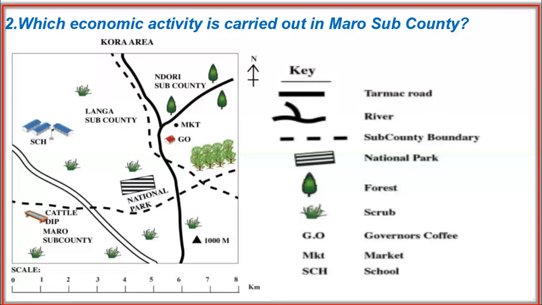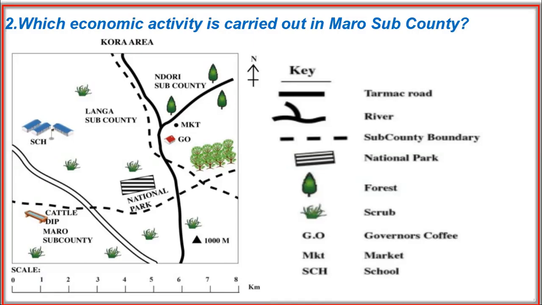This point is 1,000 meters, where we have the hill, and then we have the climate of the land, then we have school, we have Langa. So these are 3 sub-counties. Now, question. Which economic activity is carried out in Maro sub-county? So we have to go to Maro sub-county.